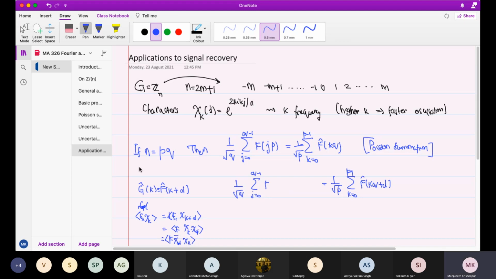So g is actually chi d of k conjugate times f. If I take this function g of k, which is f of k times chi d of k bar, it will shift all the Fourier coefficients by d.